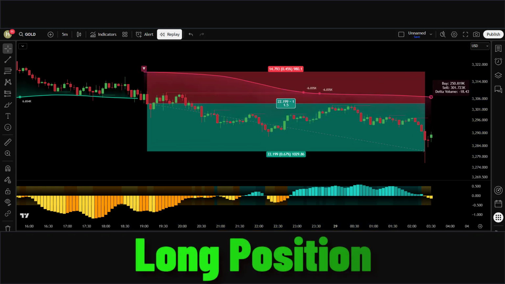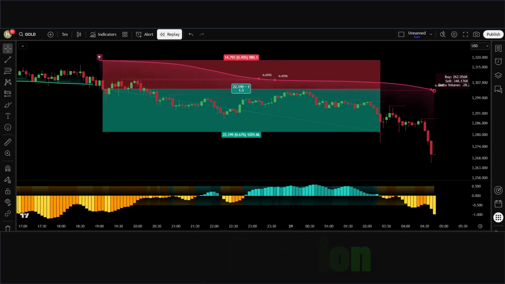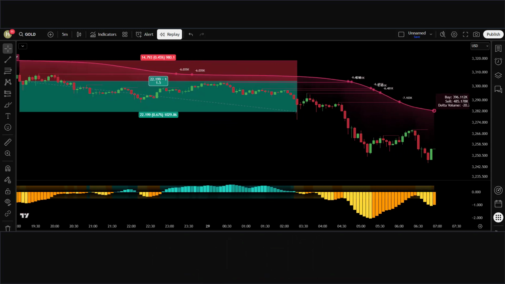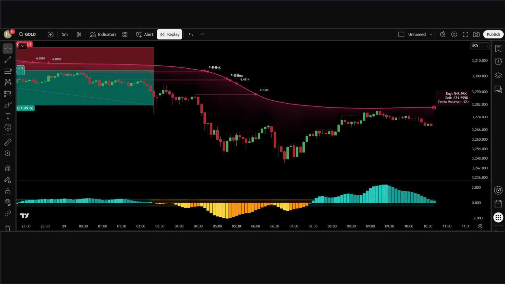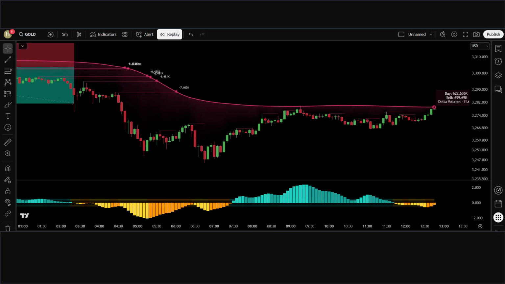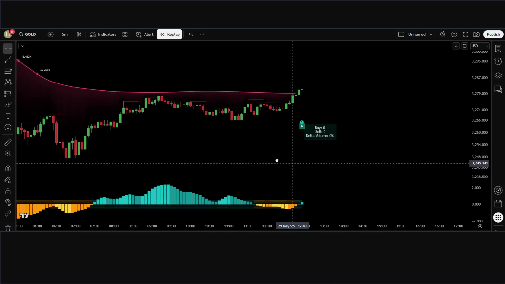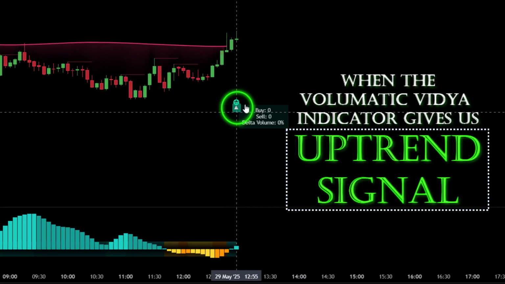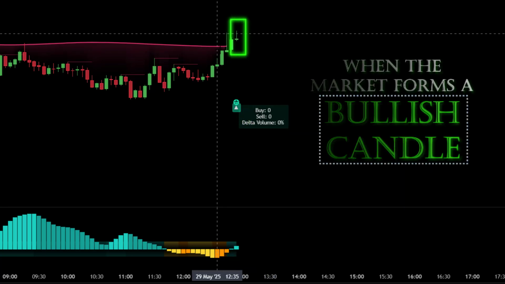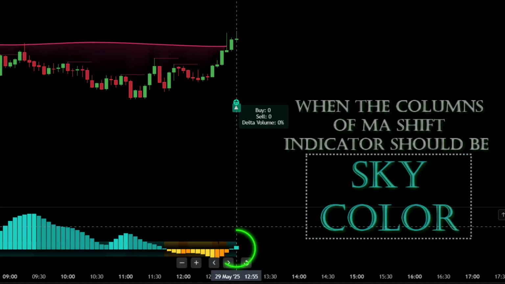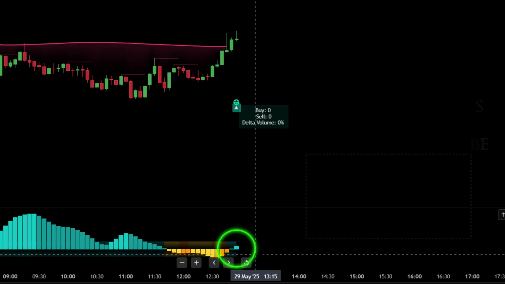Now let us understand long position. When the Volumatic VIDYA indicator gives us uptrend signal. When the market has formed a bullish candle. When the columns of MA Shift indicator should be sky color.